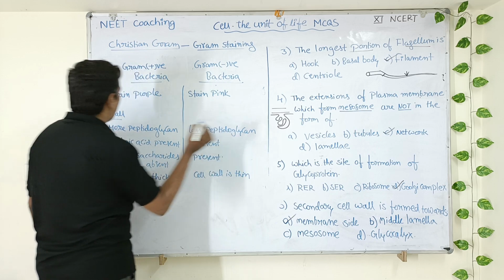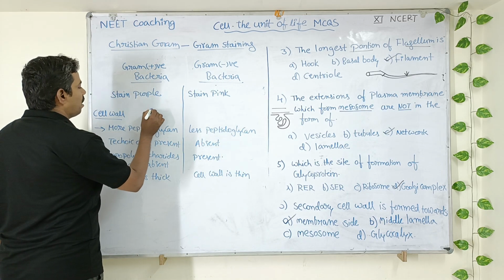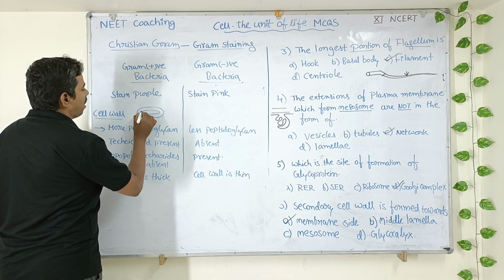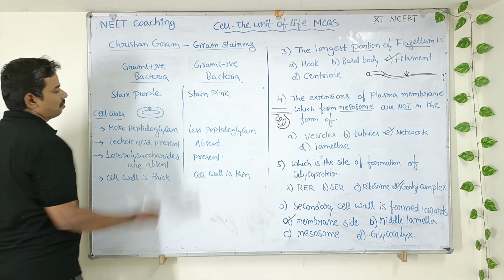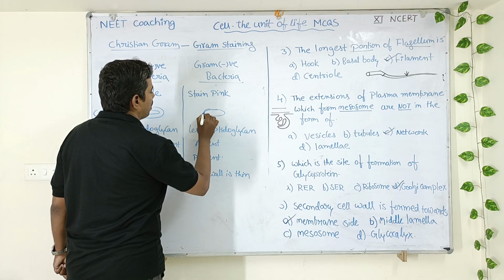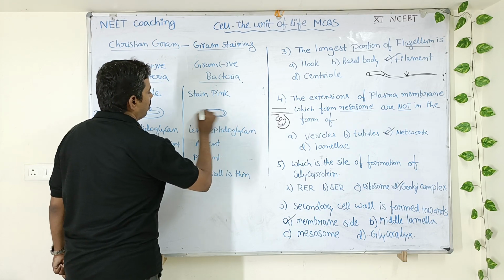So I can just draw a small diagram for identification. Gram-positive bacteria will have a thick cell wall like this. Gram-negative bacteria will always have a thin cell wall like this.